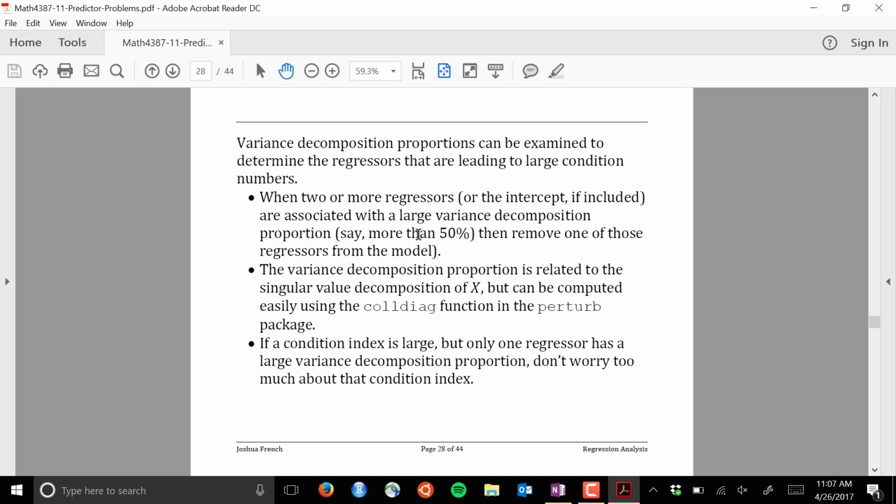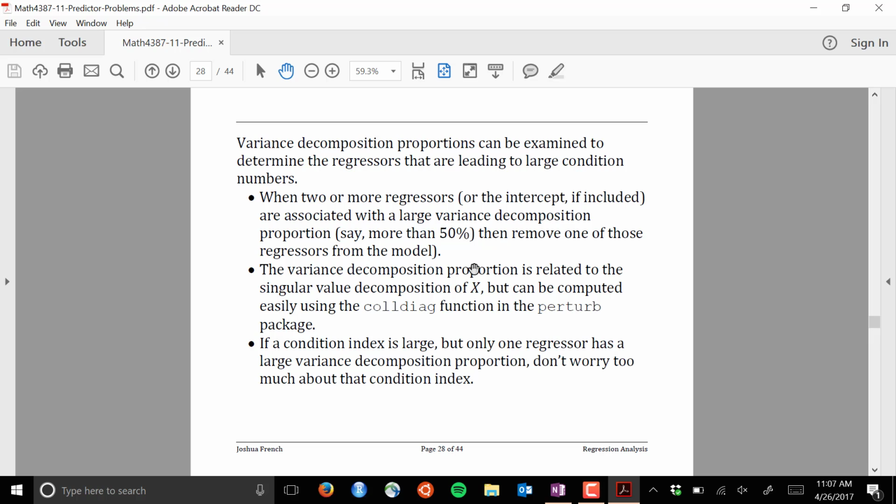So once you compute this condition index and you identify whether there's a problem with collinearity, you can actually use something called variance decomposition proportions to identify which linear combinations are causing problems in your data sets. We're not going to go into all the process of how this is computed, but we're going to use a function in R to compute these variance decomposition proportions, and you're going to see that they're going to be matched up with the condition indices.